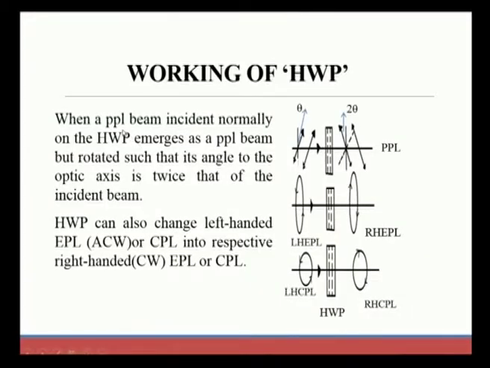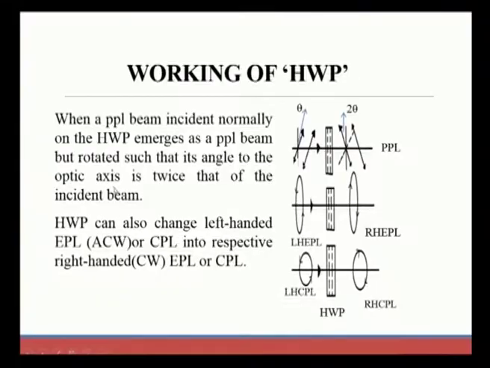The PPL beam incident normally on the HWP emerges as a PPL beam, but rotated such that its angle to the optic axis is twice that of the incident beam.